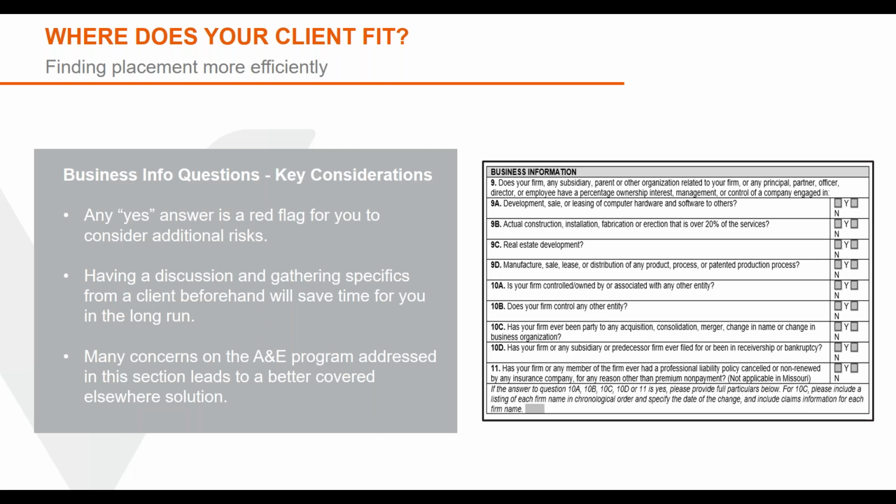So just use that as a key item: if a prospect or a client presents you with that, get a little bit more information on what's driving the direct reimbursables, and you'll be able to allow the underwriter to see that and provide the quote out of the gate. So thanks, Jeanine.